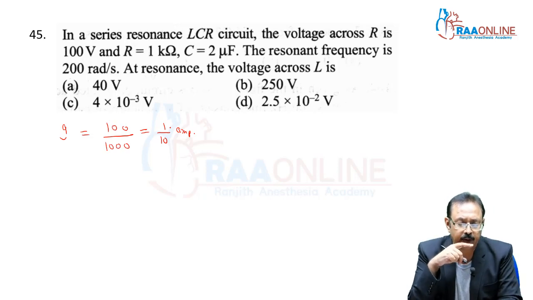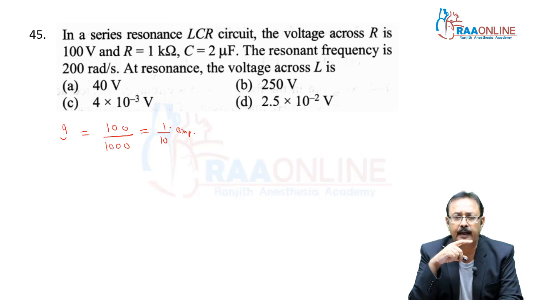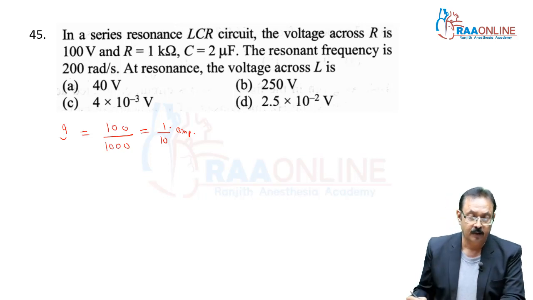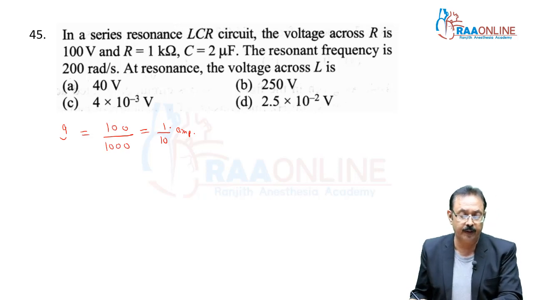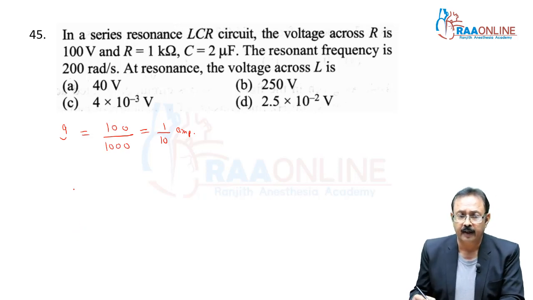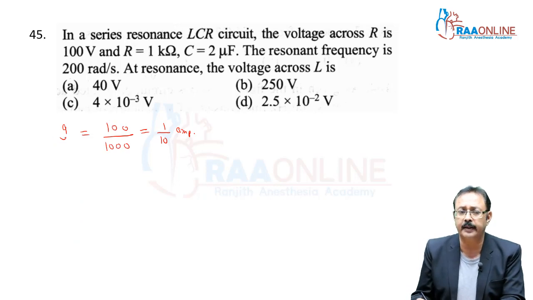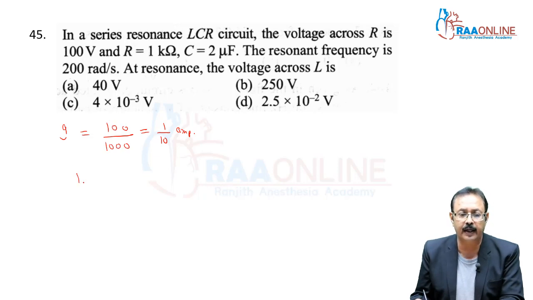What we want to calculate is the voltage across L. Since we know the voltage across the resistance, we got the value of current, and at the time of resonance, voltage across L is equal to voltage across C, meaning VL and VC are equal.